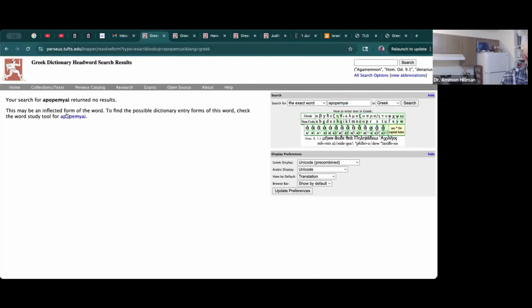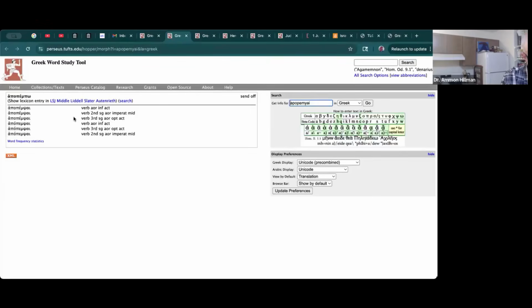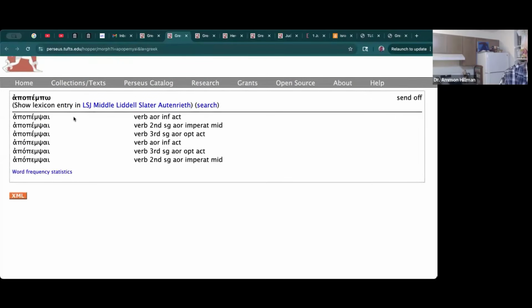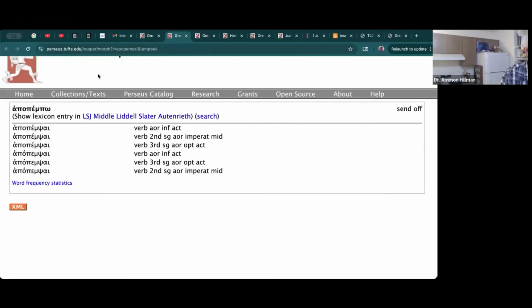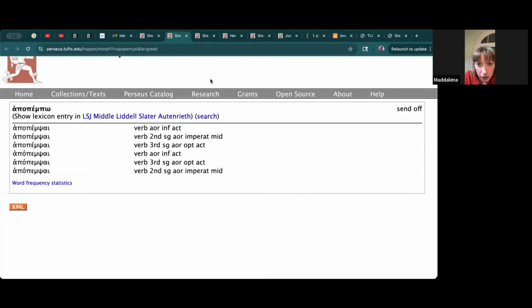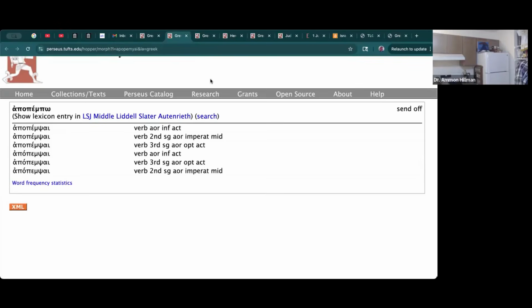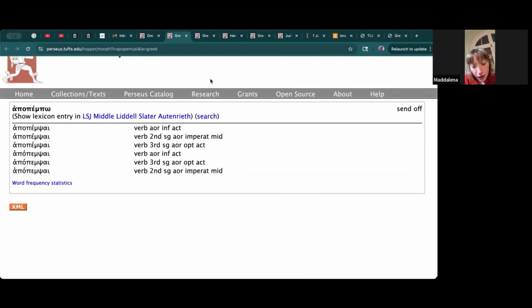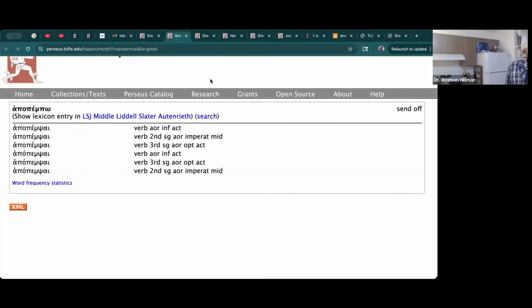Aorist optative. Okay, if it's an aorist optative, how are you going to use it there? Can you see my screen? Oh, it's an aorist. Yeah, you see your aorist optative.